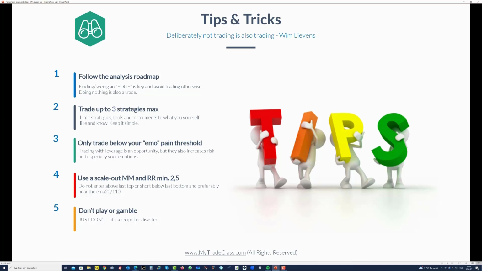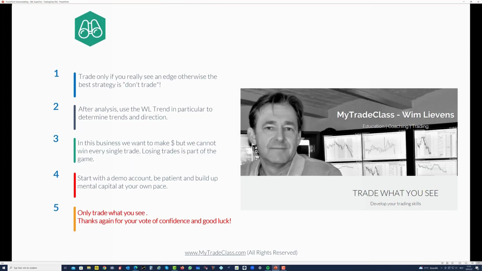Money management, you can use whatever money management you want with this tool, but again, trade below the emotional pain threshold. Many people are also helped with scaling out in order to be disciplined. Now this is more something for the trading courses, and of course don't play or gamble.